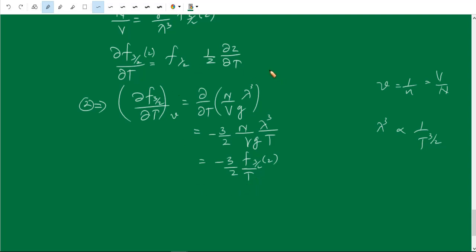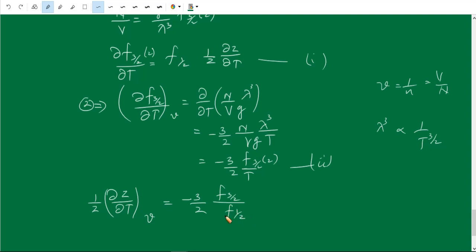So comparing expression 1 and expression 2, we get 1 by z dou z by dou T, at constant volume per particle, is equal to minus 3 divided by 2 f3/2 divided by f1/2. Okay, f1/2 and T is there.